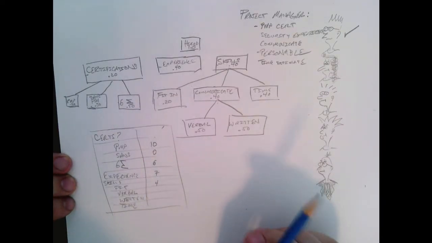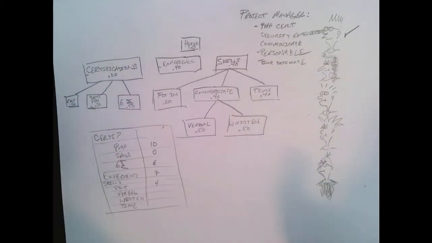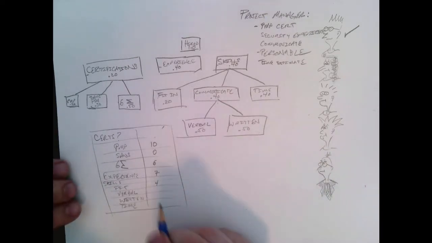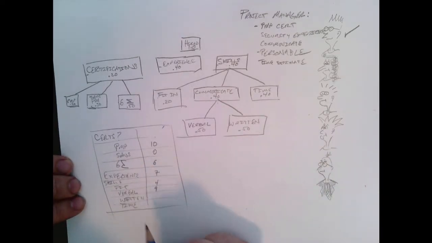He maybe doesn't smile quite the way we like, or doesn't dress the way we like exactly, but we might be able to work with him. We don't like him a lot, but we find that he's actually pretty well spoken. We give him a 9 on that. And he provides some writing samples for us, and when we read them, we find that they are actually excellent writing examples. He is very, very skilled at that.